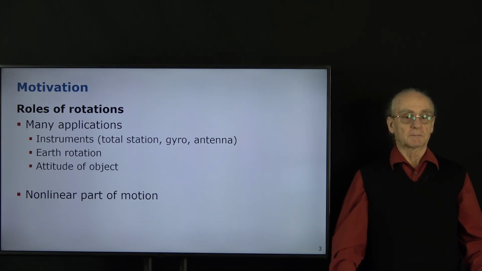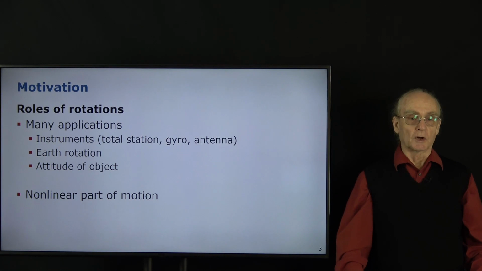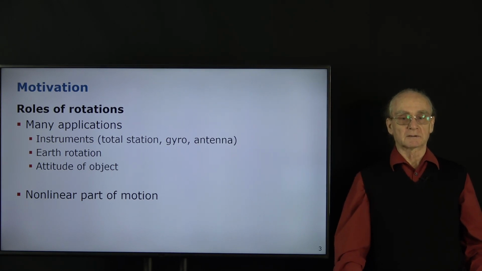Of course, the rotations are part of motions and similarities, and these are the main part which is non-linear, and therefore, of course, it's more demanding than the other part.